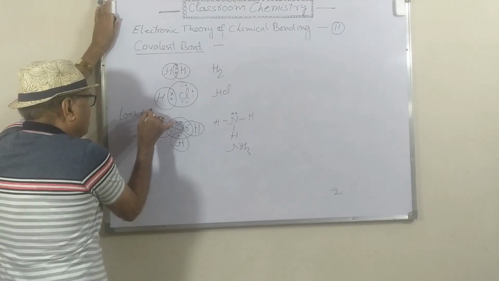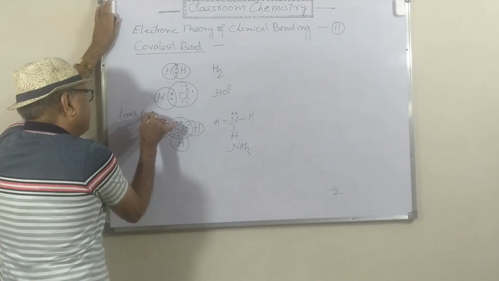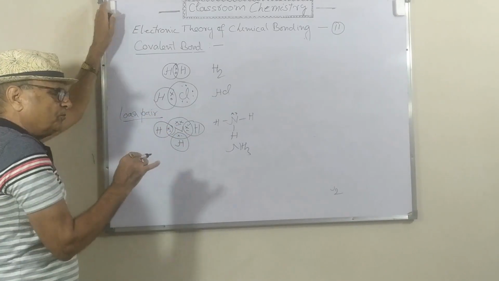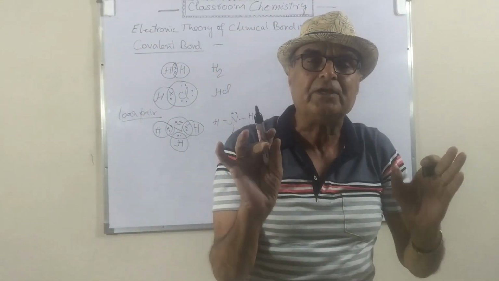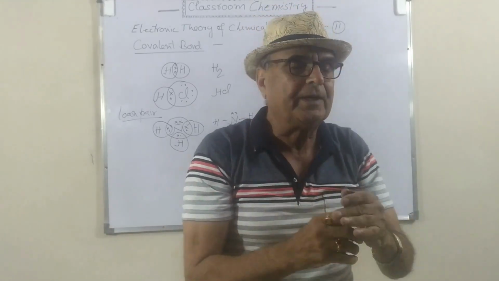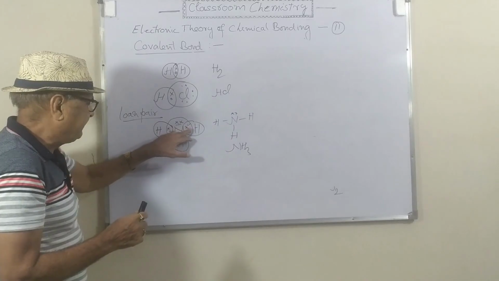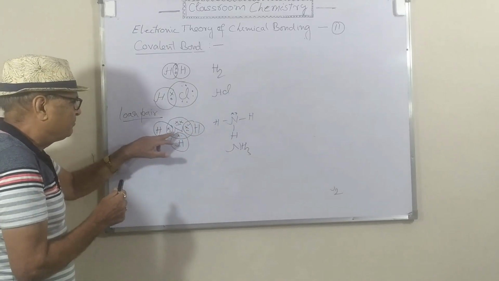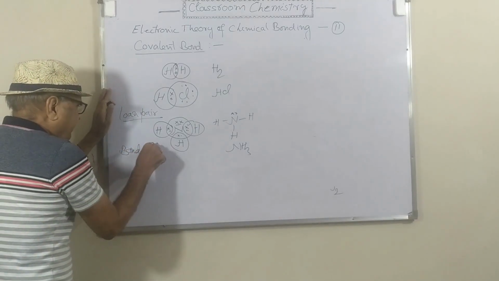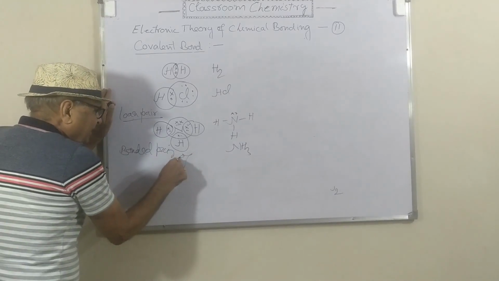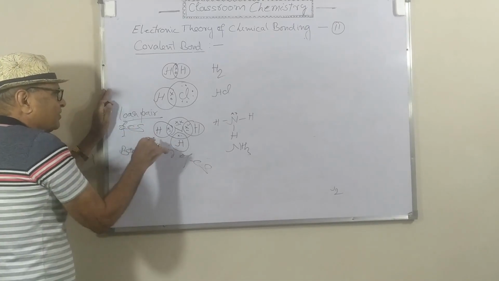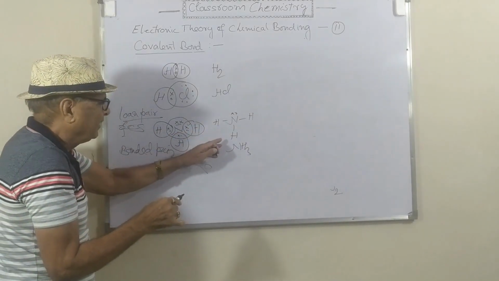The pair which doesn't take part in the bonding is called the lone pair, and the pair that takes part in the bonding is called the bonded pair. Bonded pair of electrons. Lone pair of electrons. So this is the structure of NH3.